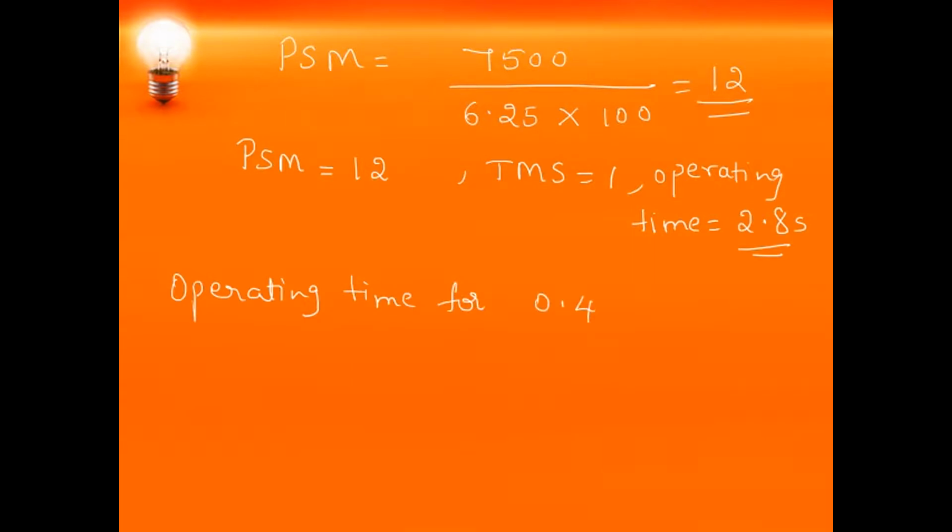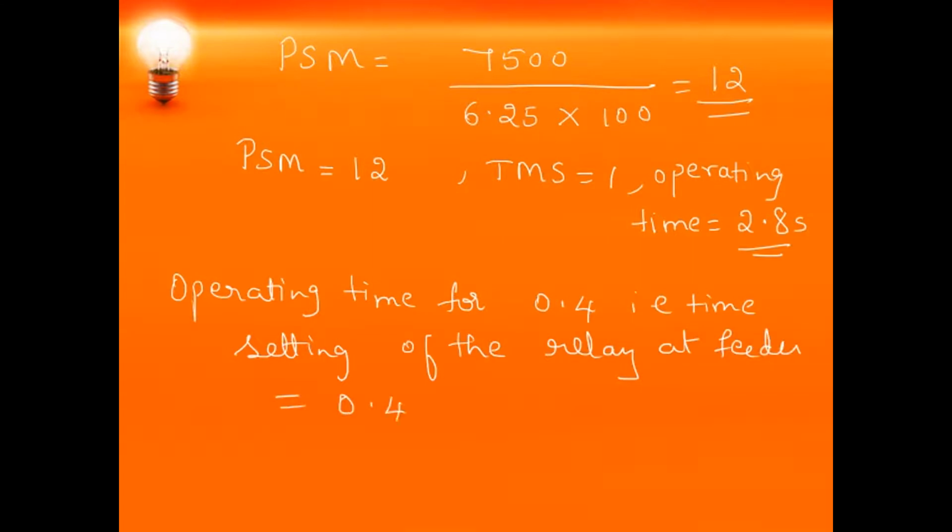The time setting of the relay at the feeder is 0.4, so 0.4 into 2.8, which is 1.12 seconds. So the operating time of the feeder relay is 1.12 seconds.